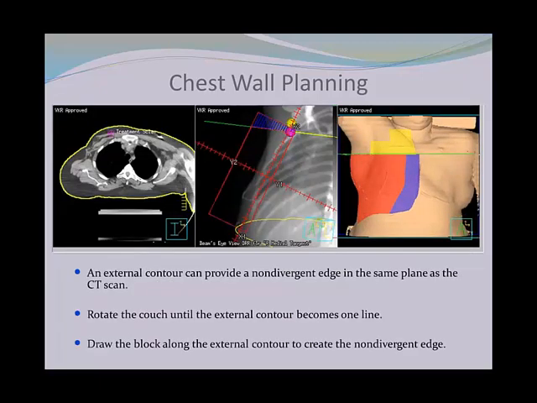This external contour can provide a non-divergent edge in the same plane as the CT scan. What we need to do is rotate that external contour until it becomes one line like you see up there. Now we know that we've created the non-divergent border. Then we draw along the external contour to create that non-divergent edge.